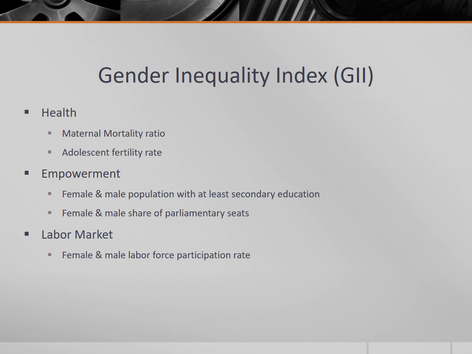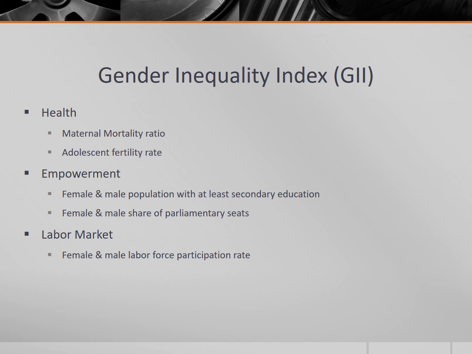The Gender Inequality Index looks at health indicators like maternal mortality rates, which is the rate that women die during childbirth, and adolescent fertility rate, which examines the number of births from girls between the age of 15 and 19. Remember, we said that the age of a mother at birth is an indicator of development.